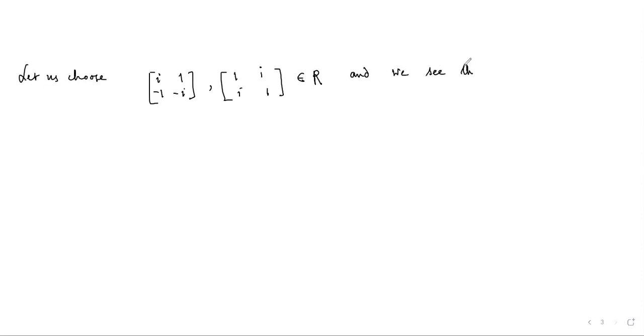Next, let us choose two elements, [i, 1; -1, -i], and also the element [1, i; i, 1], belonging to R. If I multiply these two elements, this one by that one from the left-hand side, the resultant matrix will be [i·1 + 1·i, that is 2i; i² minus 1, and 1 minus 1, that is 0].